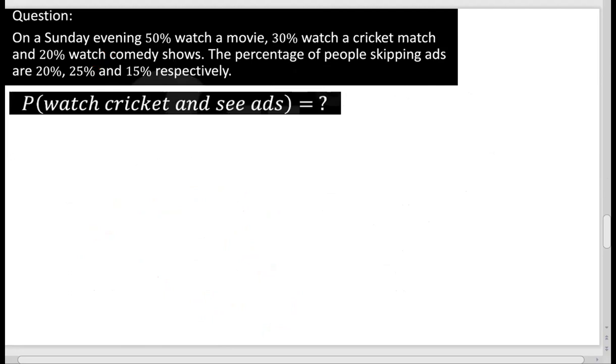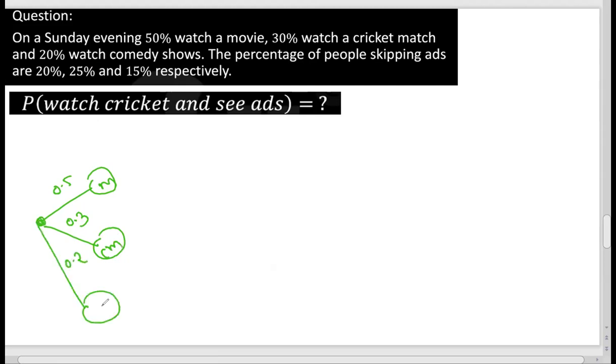Here also we have to make a tree. On a Sunday evening, 50% means 0.5 watching movie. Okay. 30% means 0.3 watching cricket match, and the last 0.2 watching comedy show. Okay. Out of these people, there are two possibilities.